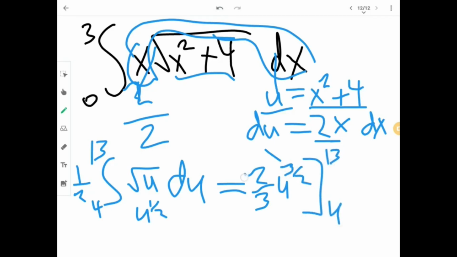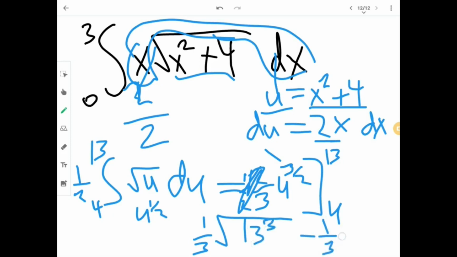And don't forget the half from outside. So these cancel, and it just becomes 1 over 3. So now, 1 over 3 of root 13 cubed minus 1 over 3 of root 4 cubed.